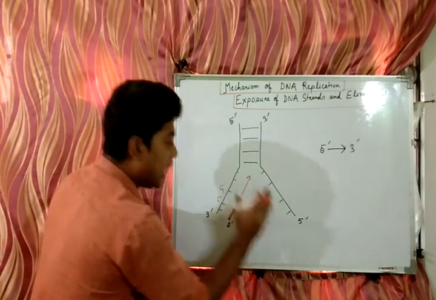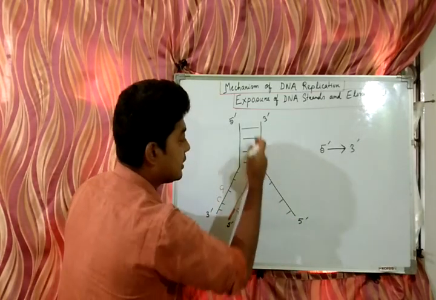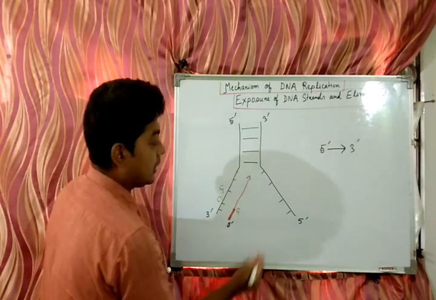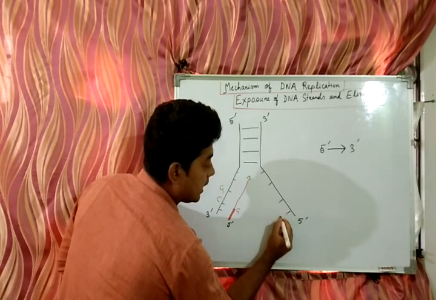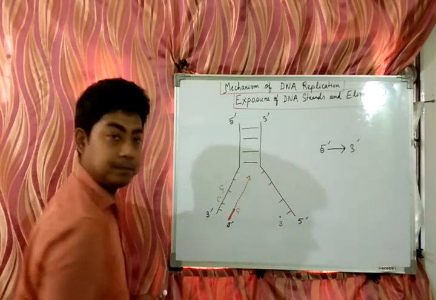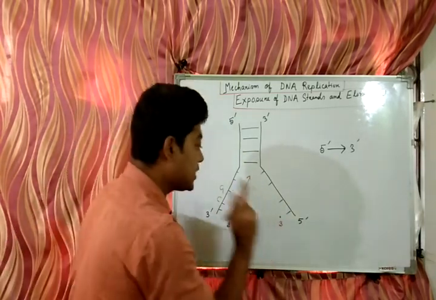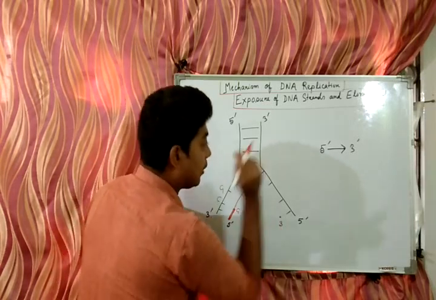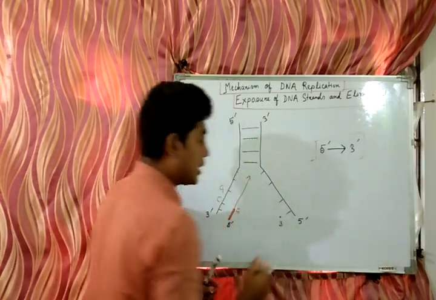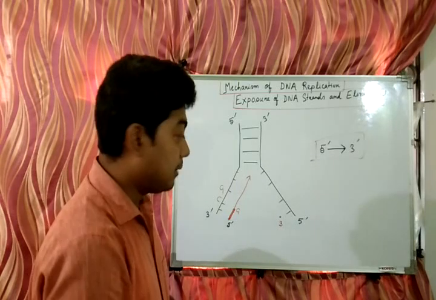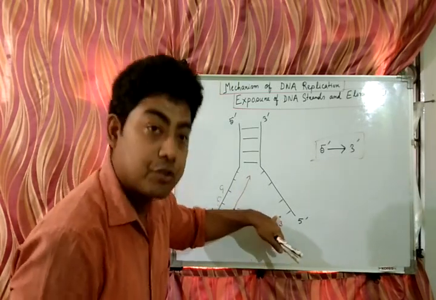But here, the position is 3. According to the rule, DNA synthesis occurs in which direction? 5 to 3, but here the position is 3.